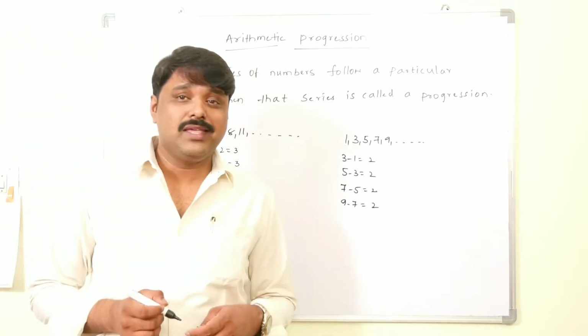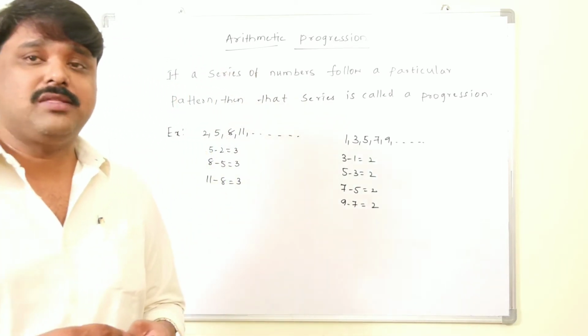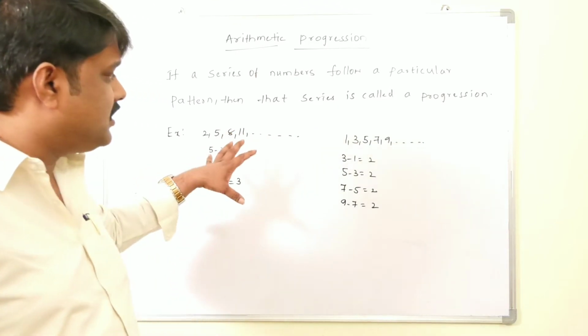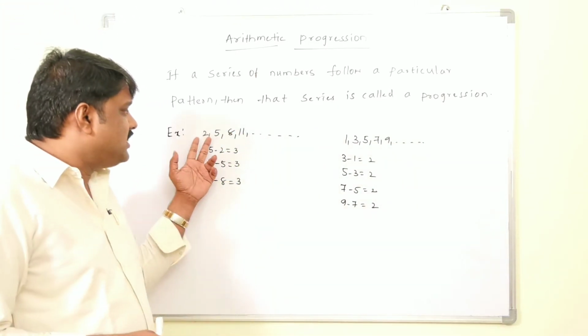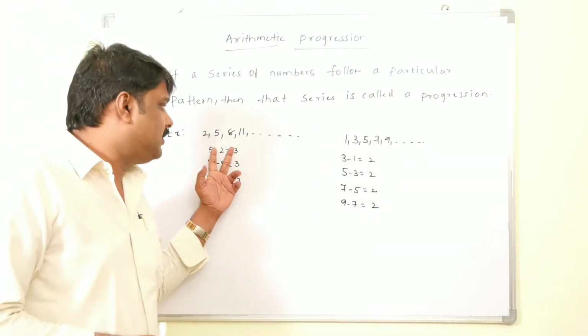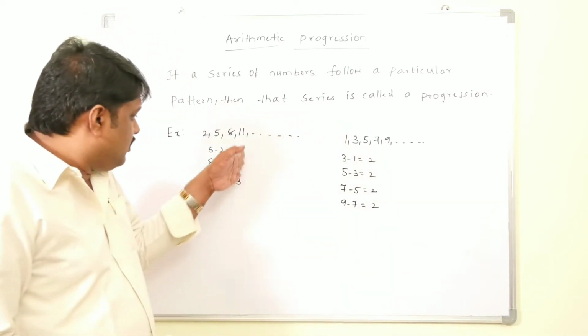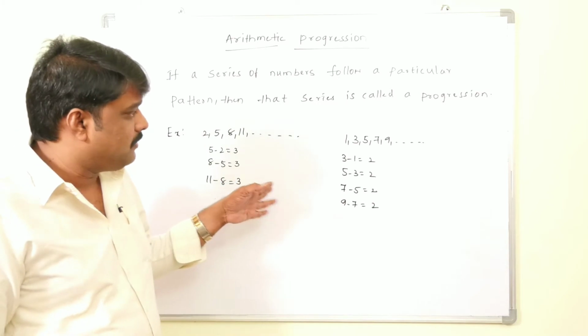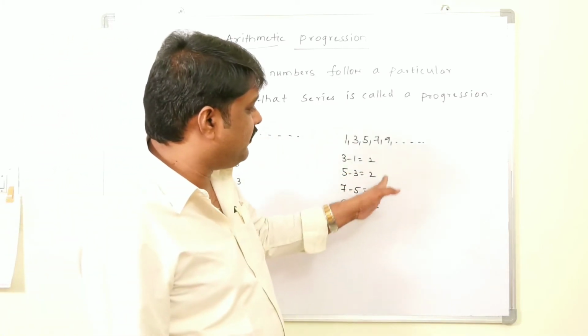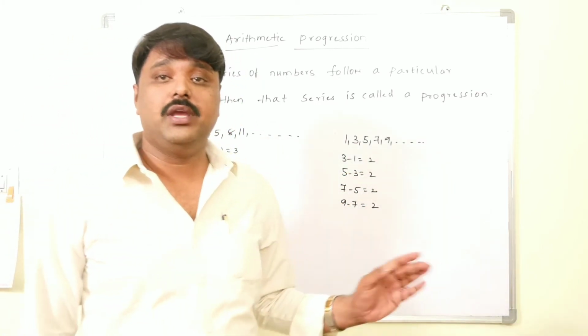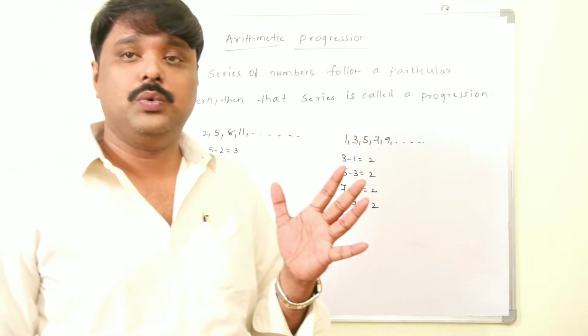In these two examples, we can observe that the difference between the consecutive terms of the given series is the same. Here that difference is 3 and here the difference is 2.